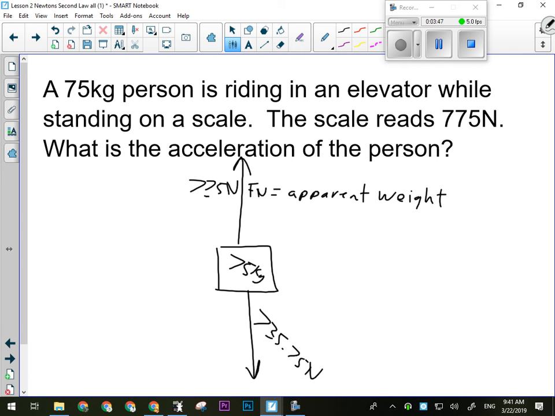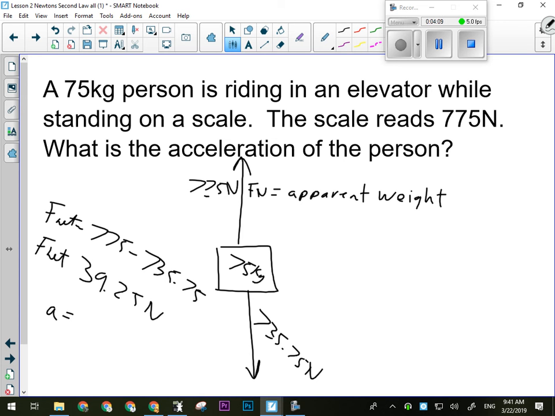So can I calculate the net force now? Yeah, I just do the sum of all forces. So 775 minus 735.75 is going to give us 39.25. So there's my net force, 39.25 newtons.